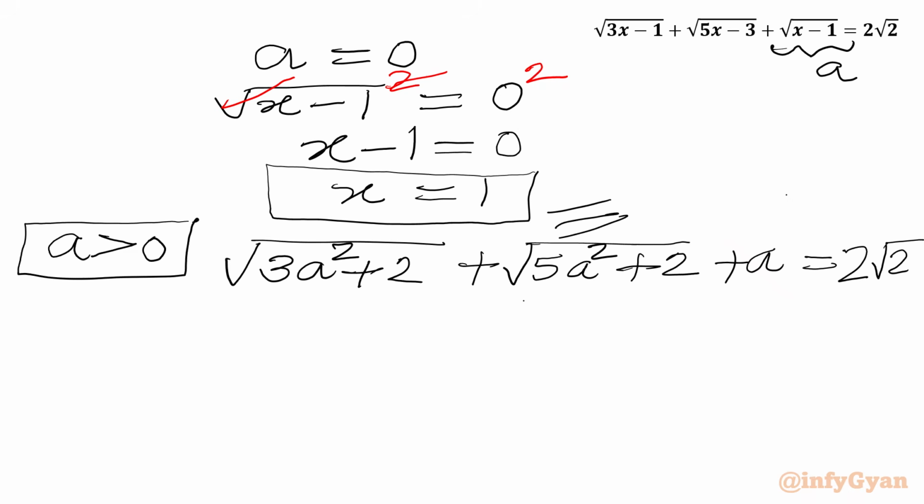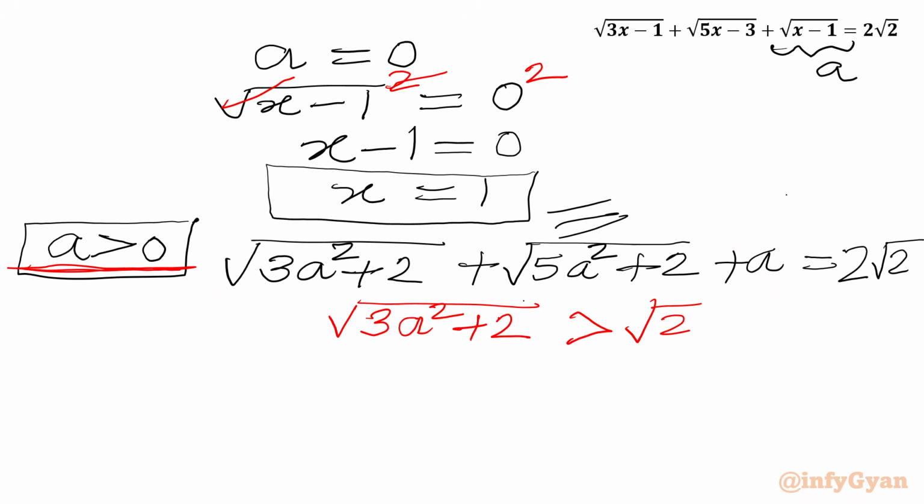Now we will write one inequality over here. If a is greater than 0, then square root 3a square plus 2 must be greater than square root 2. Similarly, square root 5a square plus 2 must be greater than square root 2.